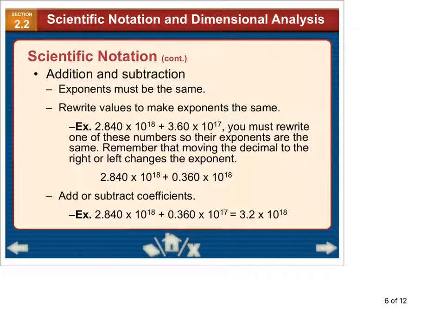Addition and subtraction. As we go through some stuff in class, we'll be working with adding and subtracting scientific notation numbers. But the key when you add and subtract is that your exponents need to be the same. You also have to have the same units.